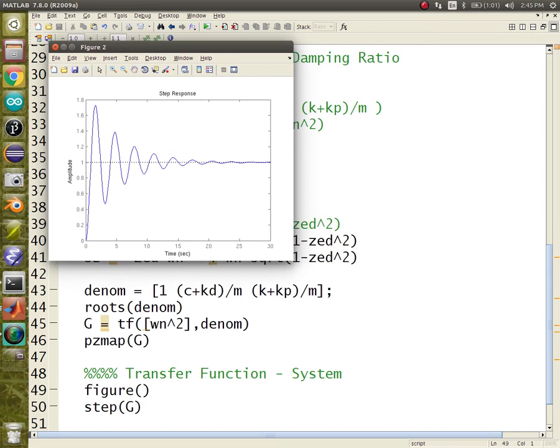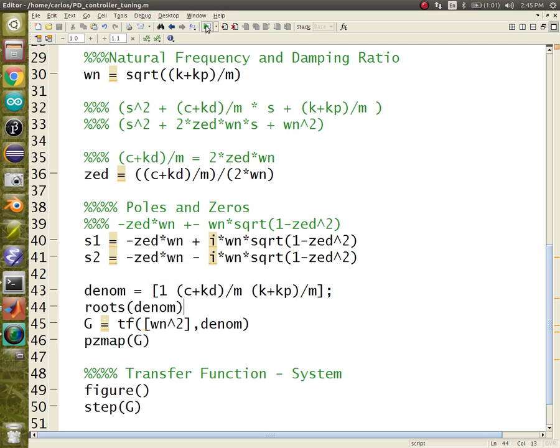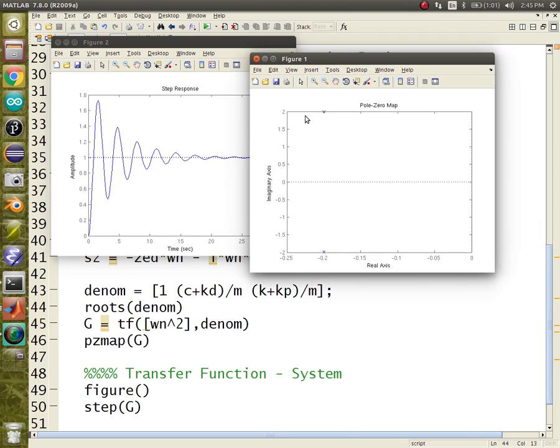Here is my step response, and then here is my pole-zero map. Let me run this one more time. It should tell us some cool things. Yeah, look at that. My pole is negative 2 plus or minus 2i. My damping ratio is 0.1, and it tells me I overshoot, which is 72%.